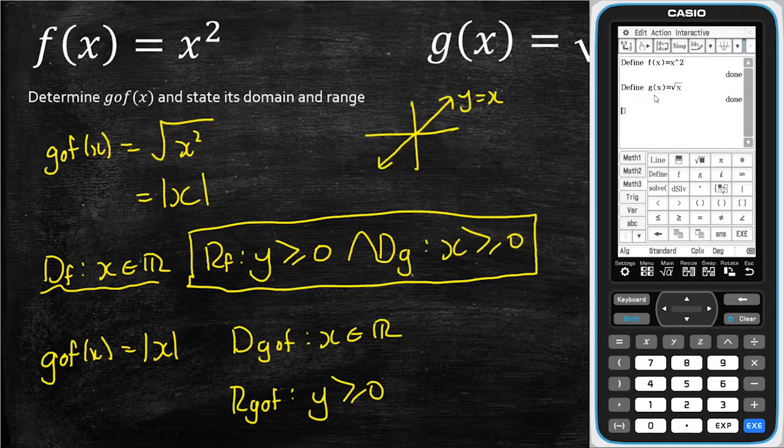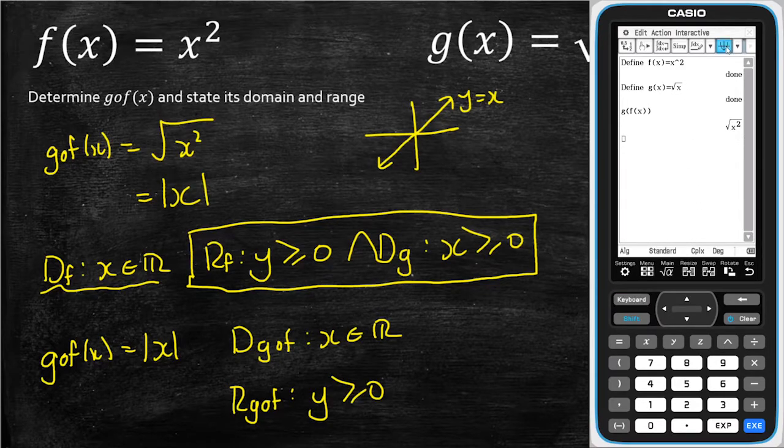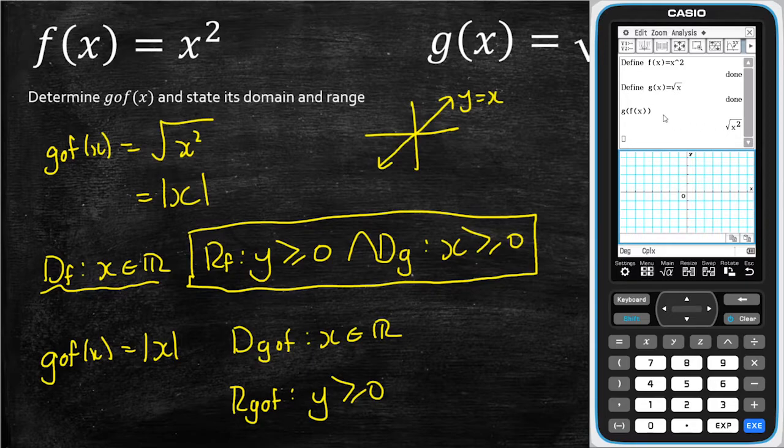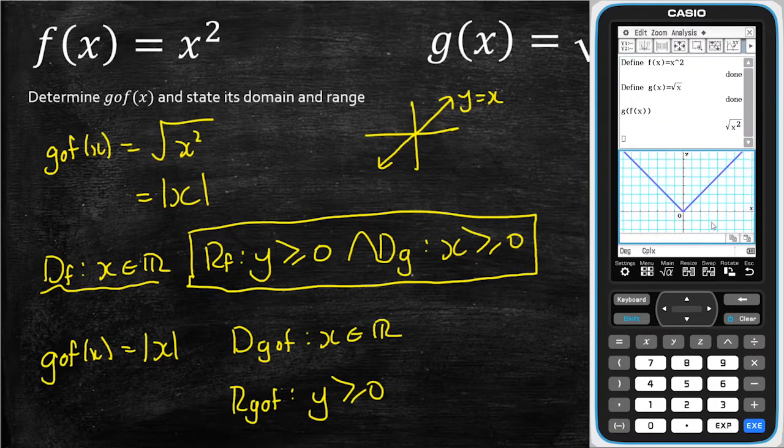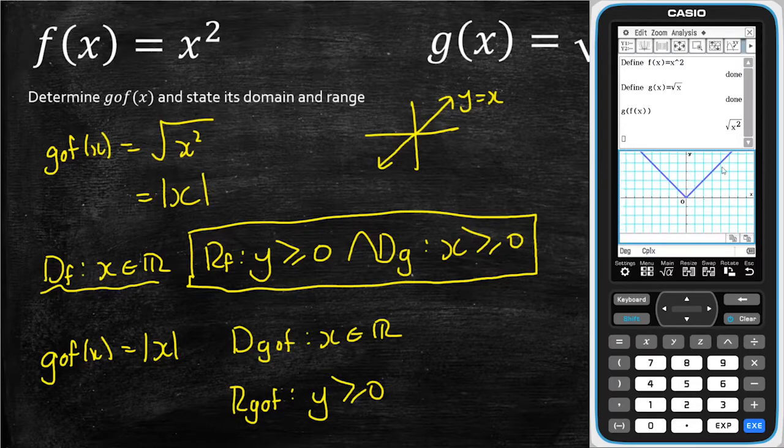And then we want g of f of x, so we can go g of f at x. And we can hit the button there, and you can see it gives us the square root of x squared. It actually hasn't simplified it down to the modulus of x for us. Now if I get rid of my keyboard, I can go to my graph table function there, click and drag that down, and you can see it's actually given us the absolute value of x function.